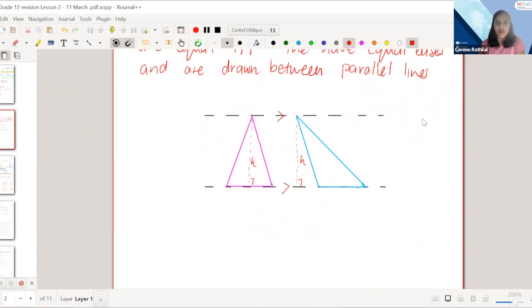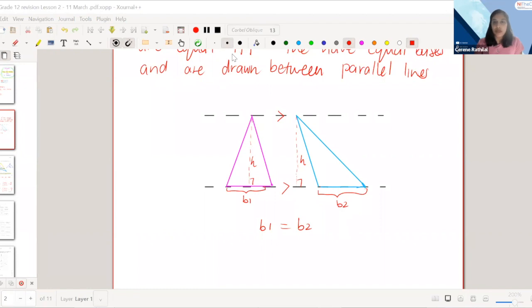So in this situation here, if the base of this triangle is B1, and if the base of this triangle is B2, and if I know that the base B1 equals B2, then the area of the purple triangle will equal the area of the blue triangle because they had the same bases and they both live between parallel lines. So despite looking different, these two seemingly different triangles actually occupy the same area on the page, right? So that's the idea here.